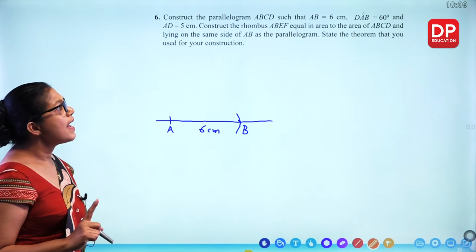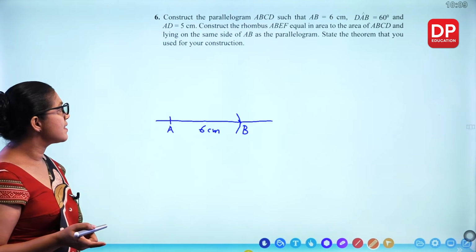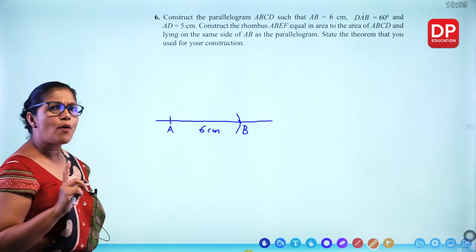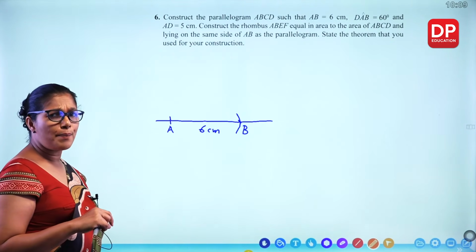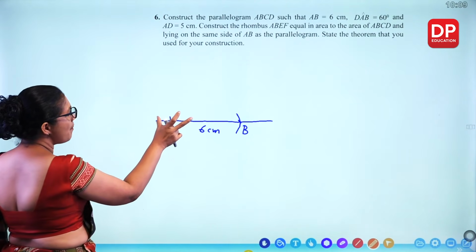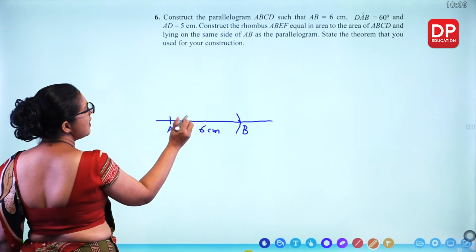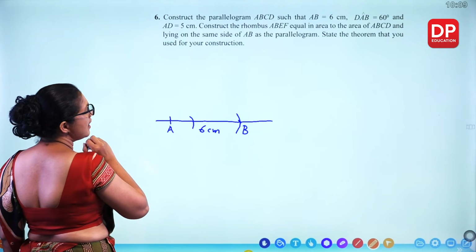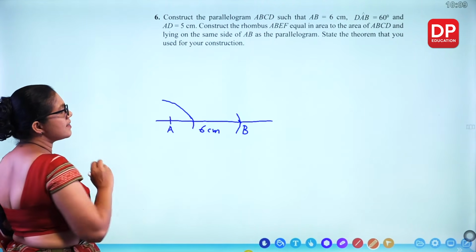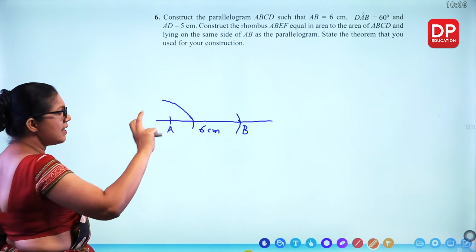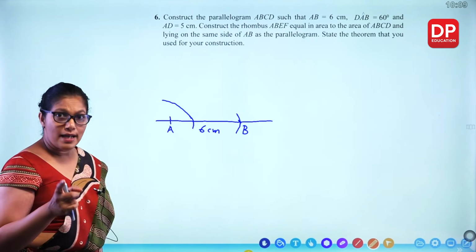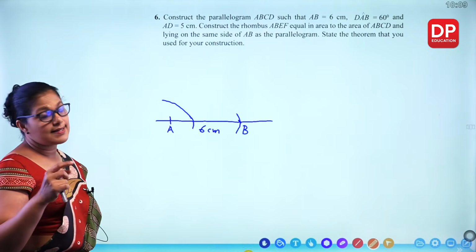Then the angle DAB is 60 degrees. How can we construct this using the compass? Keep the compass on point A, draw an arc here and also a big arc like this. According to the property of the equilateral triangle, all angles are 60 degrees.